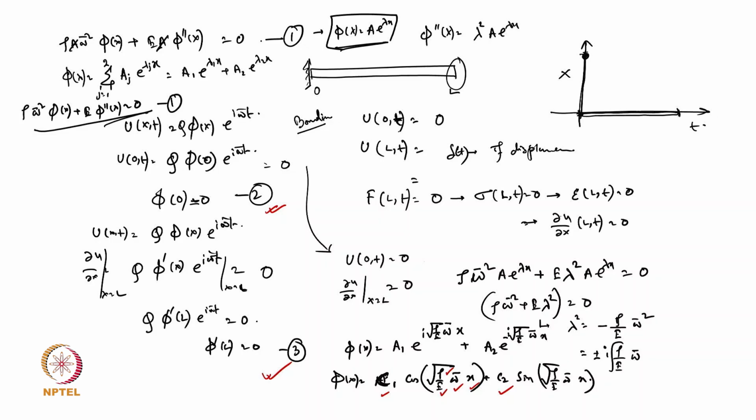Good. So once C1 and C2 come out from here, our phi is ready. Our phi x, we will get a complete expression which is satisfying the boundary conditions.